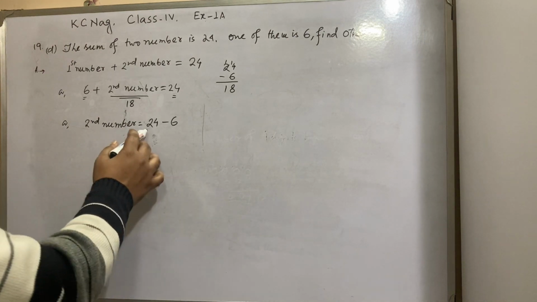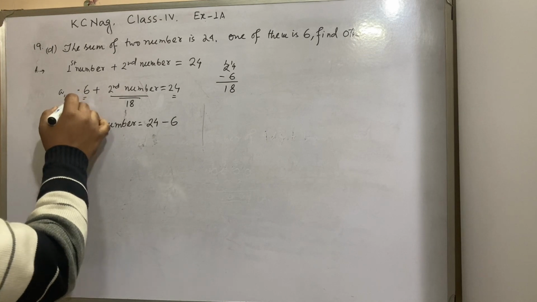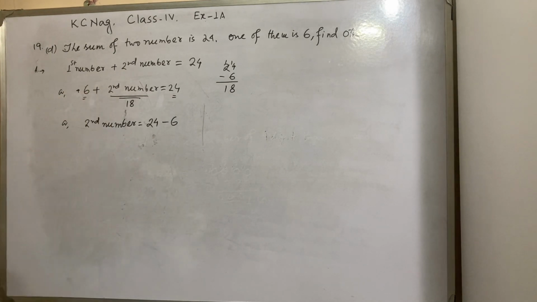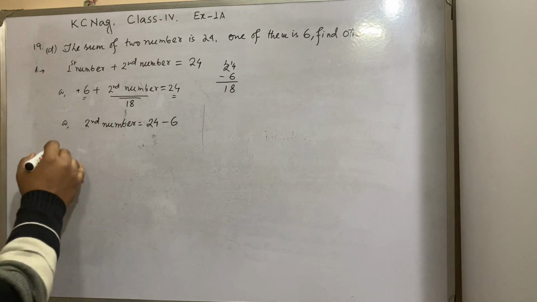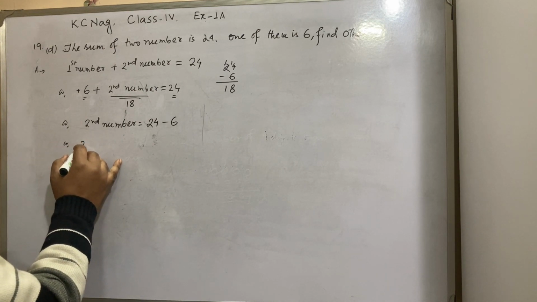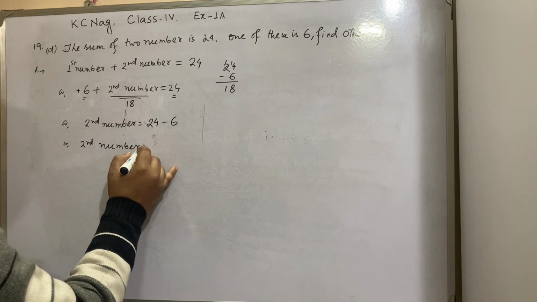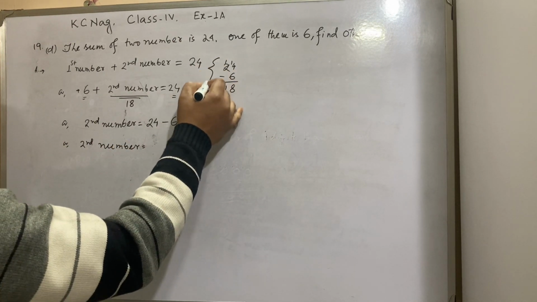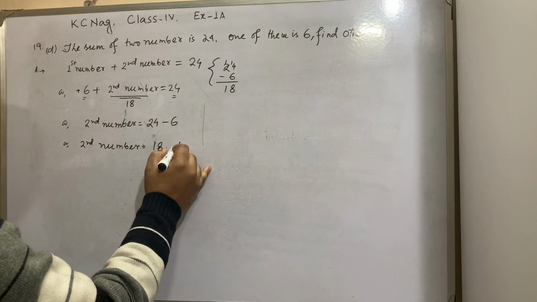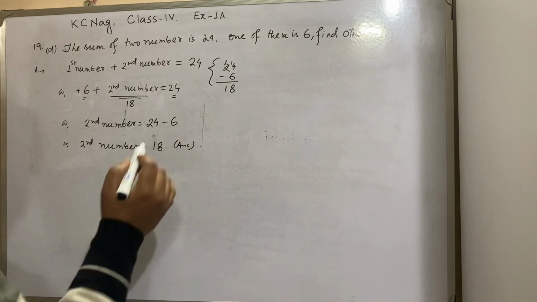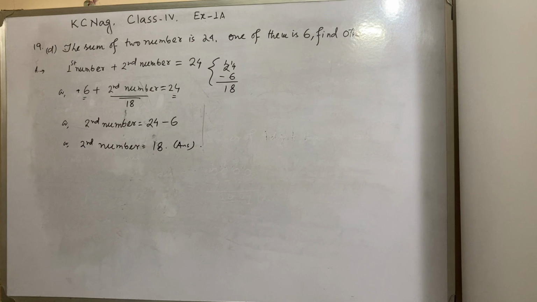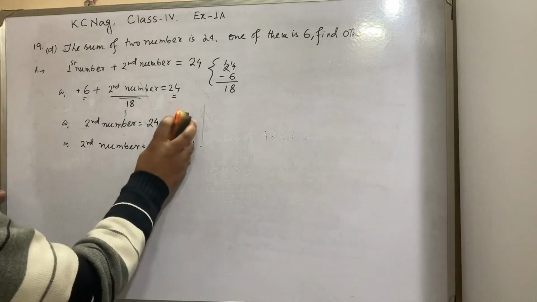So the second number is equal to 24 minus 6, which I have already done, that is 18. So 18 is the answer here. Okay, next.